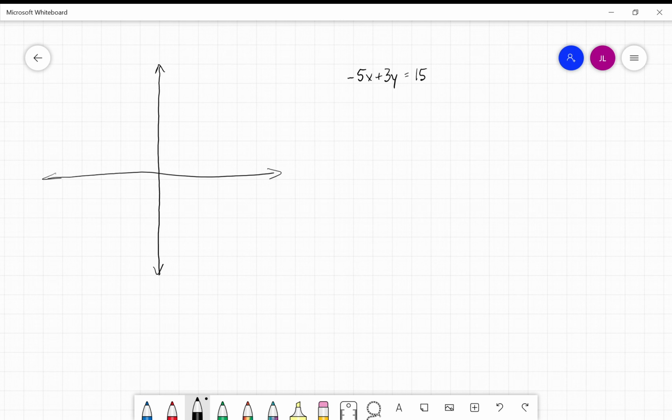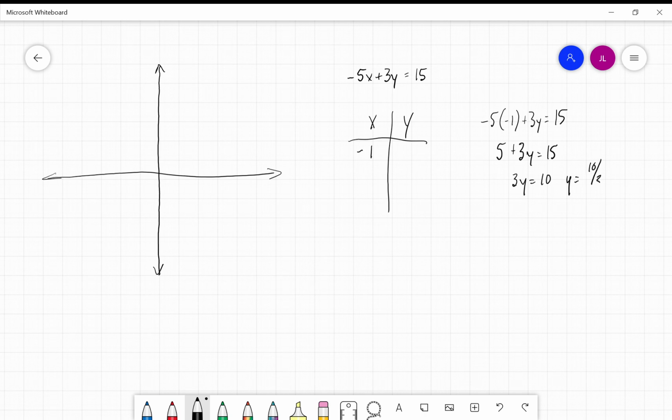If we want to graph this, we'd like to look for at least 3 points. So we do a little table here for x and y. Let's say when x is negative 1, what is y? Negative 5 times negative 1 plus 3y equals 15. So negative 5 times negative 1 is 5, plus 3y equals 15. If we subtract 5 from both sides, 3y is equal to 10, and y is equal to 10 over 3.